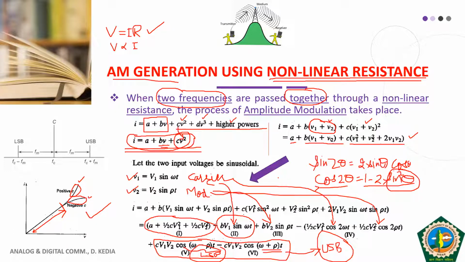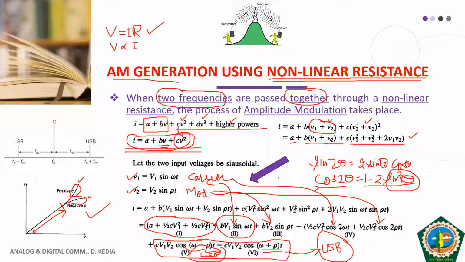And I hope all of you are well aware of which analog electronic devices or components provide us non-linear resistance. Diode is the one best example. So diode provides us non-linear resistance. Your transistor also provides us non-linear resistance, isn't it?